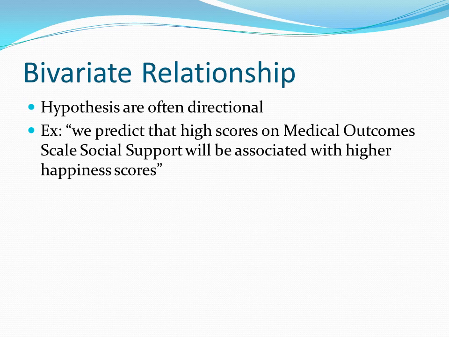The individual is going to be happier. Basically, the social support system at the hospital would be associated with individuals that were happier. So that's the directional relationship that you're usually going to see.